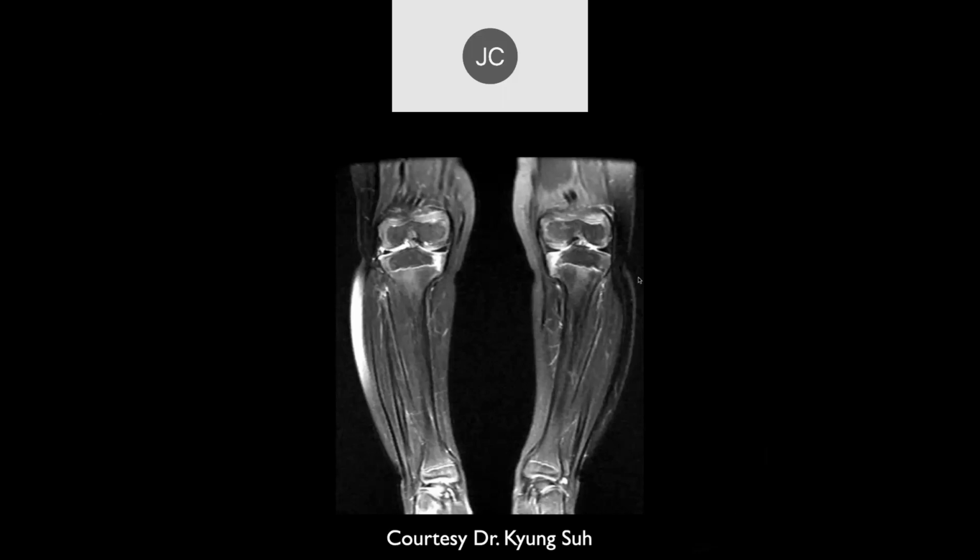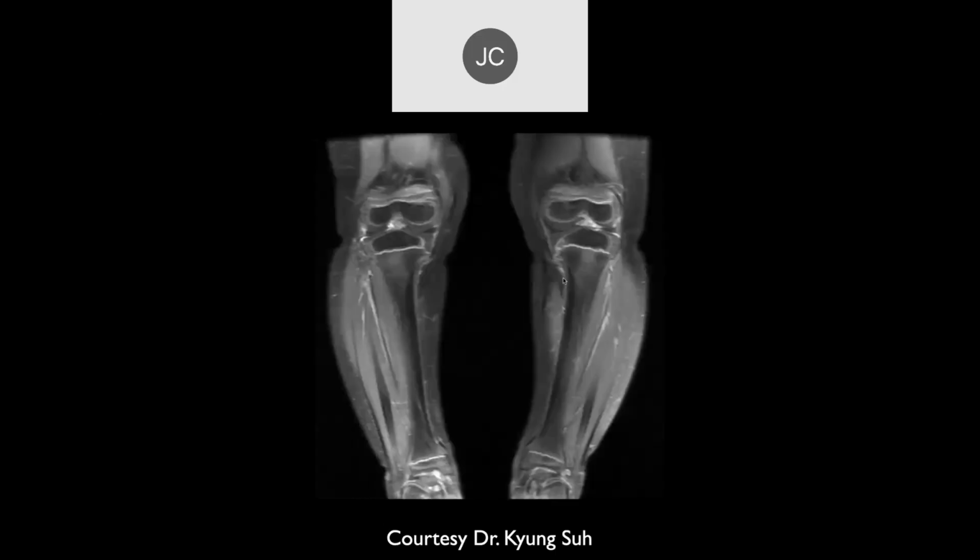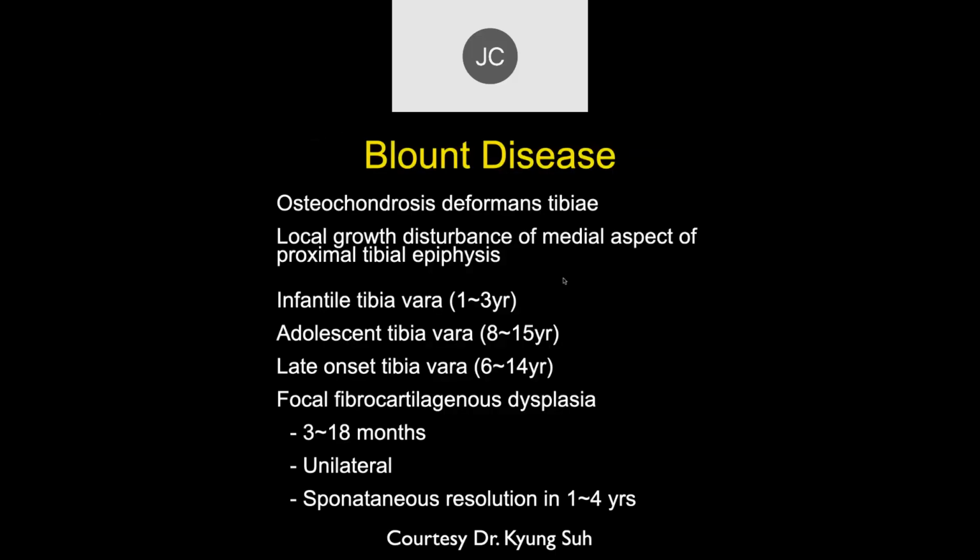There's the MR. Yeah, so we see that irregularity of the medial aspect. Oh man, I can't remember the name of this though. Yeah, I'm bad with eponyms. Blount's disease, yeah.